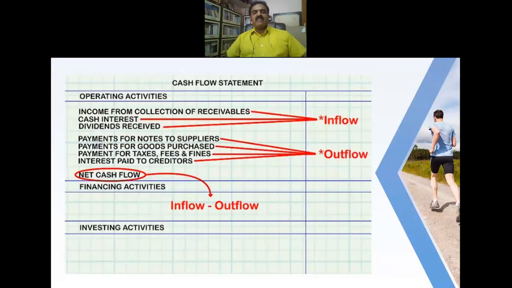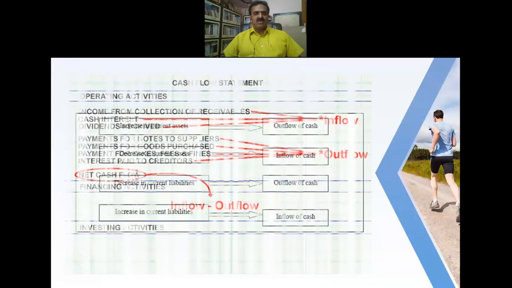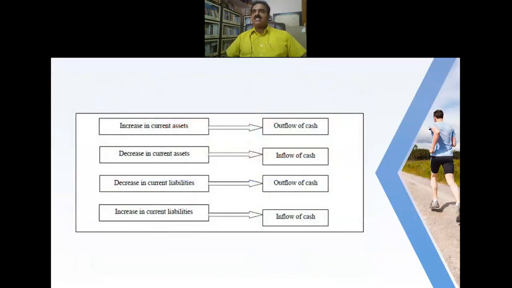Inflows are any kind of incomes that have been received and outflows are expenses which are to be paid. Based on these inflows and outflows, we will know the net flow with respect to operating activities. For that, a particular procedure has to be followed with respect to current assets and current liabilities.